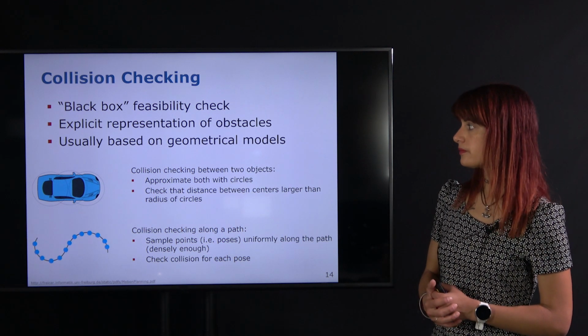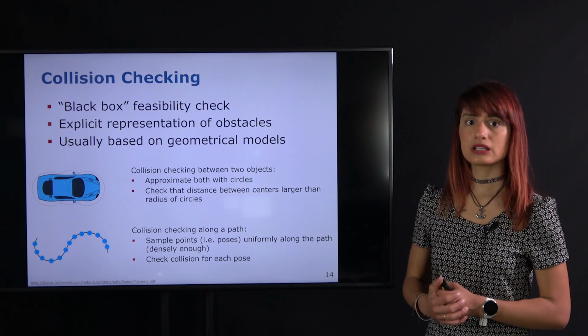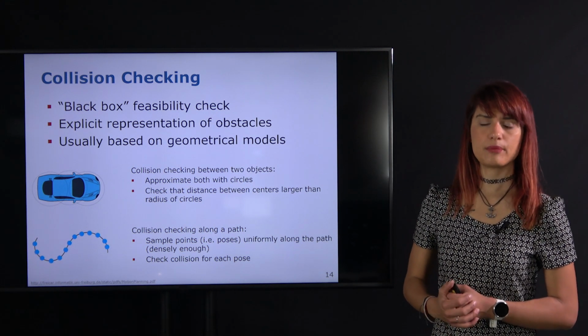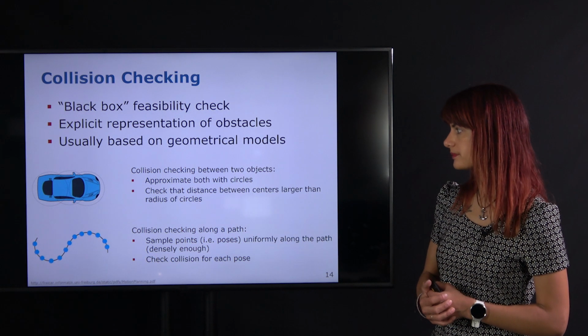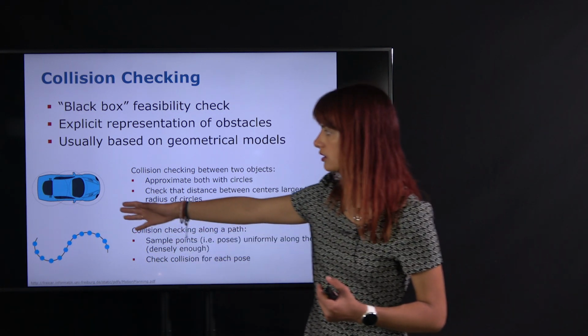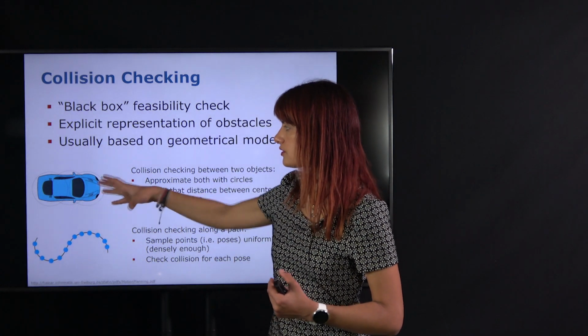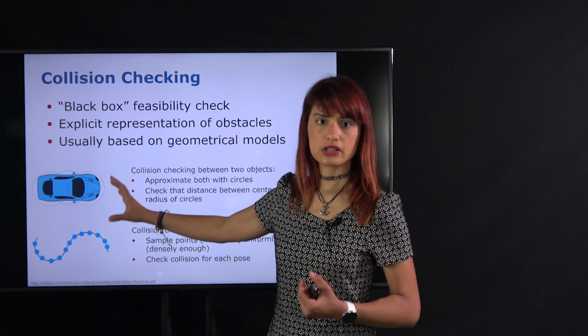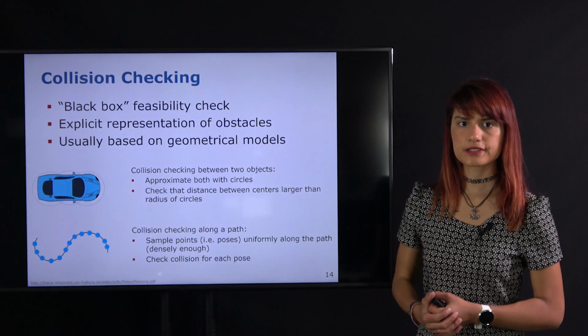And if so, then yes, there is a collision, and no, we cannot add an edge and a collision-free path between these objects. And so this could be done for objects such as a car, which have a geometry that is accurately represented with such a shape, for example, circles.